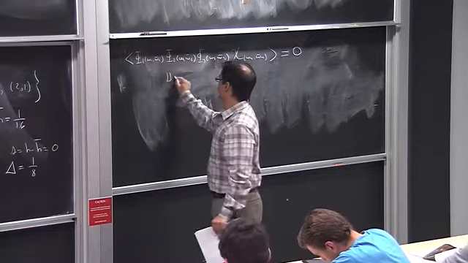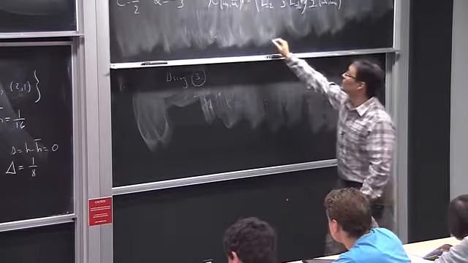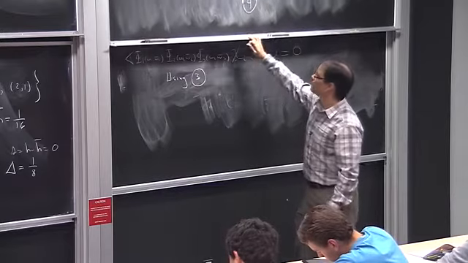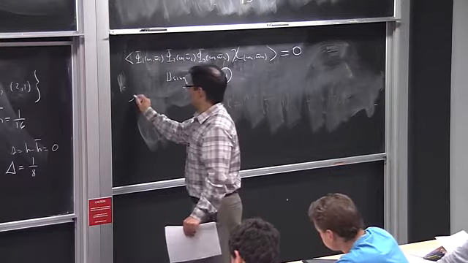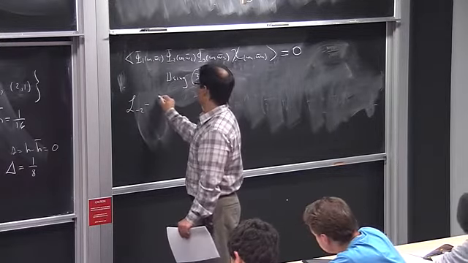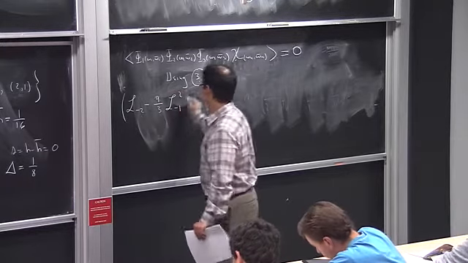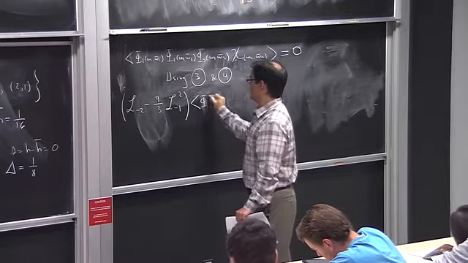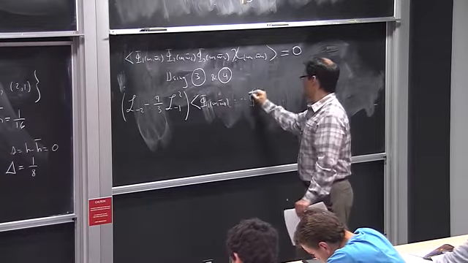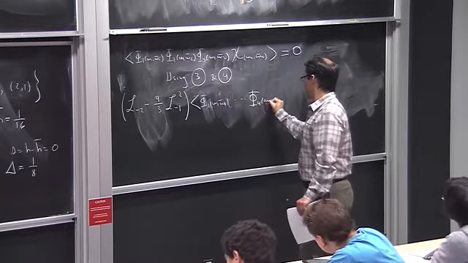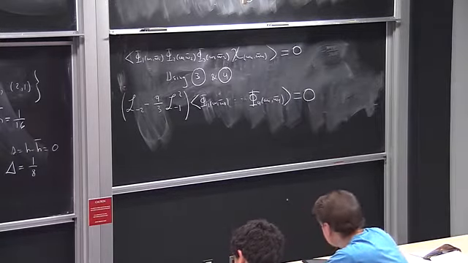So using 3 and 4, we can write this as L_{-2} minus 4/3 L_{-1} squared acting on this correlation function. And that has to be equal to 0. Okay?